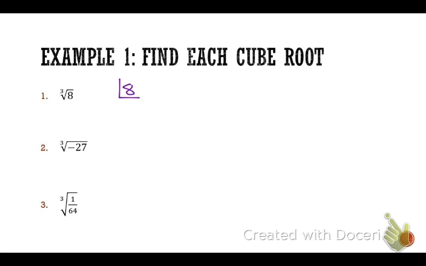What's the smallest prime number that would go into 8? 2. How many times? 4. And then 2 goes into 4 two times. That's a group of 3 twos. To find the cubed root, it has to be a group of 3, for cube.